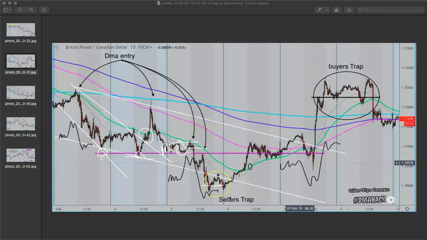So see, seller trap, buyer trap. Without these traps, the market cannot move. That's why from here to here is mostly consolidation, and this little time is London and New York, and then it goes back to consolidation, because the actual move that they want to make, they need a couple of days messing around with you.